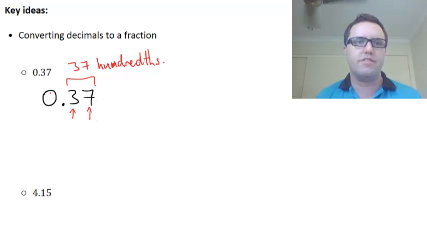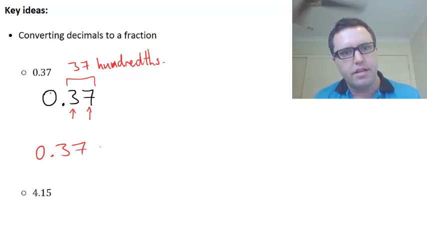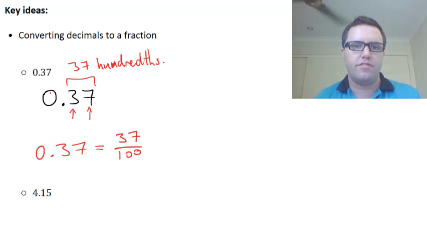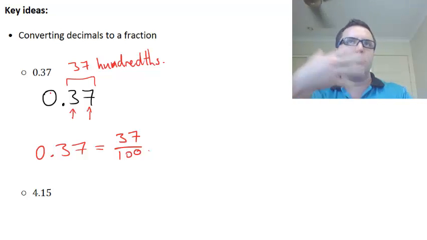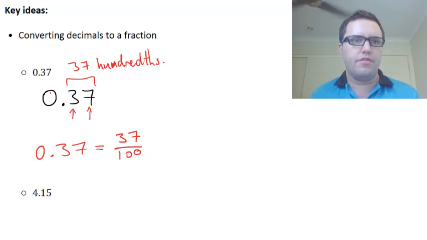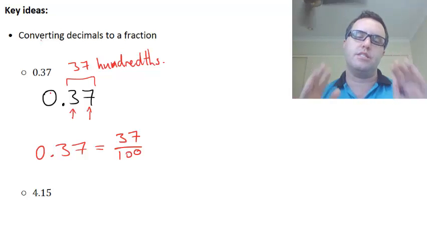So we can write 0.37 as equivalent to 37 over 100, 37 divided by 100. Remember that division is the same kind of thing as fractions. When you're converting decimals to a fraction, make sure you then represent it in its simplest form.